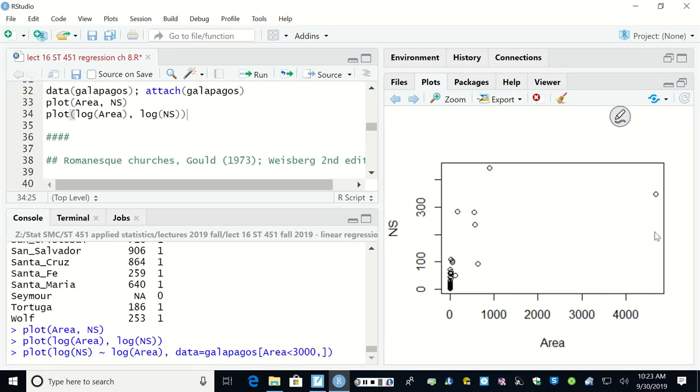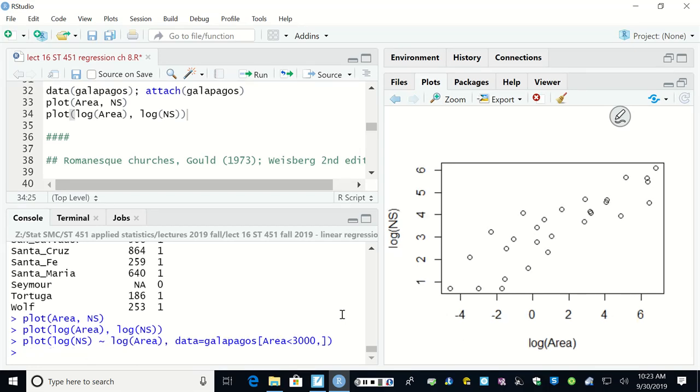Area less than 3,000 will cut off that point. Let's see what that plot looks like. Without that one point out there, it looks somewhat reasonable to do regression on that. If you do take out a point, you would need to write something in the documentation, the report, that we fit this. Oh, this is also on the log scale.